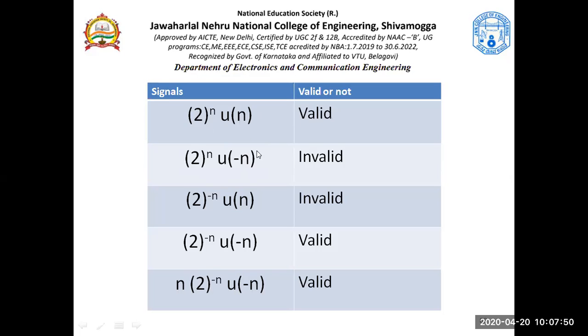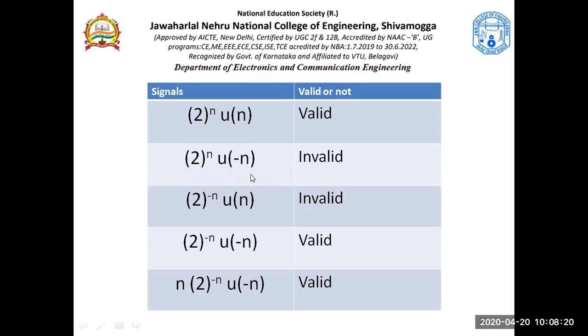This particular signal is being referred to as invalid, which means it's something not in the proper form. Invalid means it's not an invalid signal in the right sense. This is valid because we know how to obtain the Z transform. We don't know how to obtain the Z transform for this. That is the concept. Here you have plus n, here you have minus n.